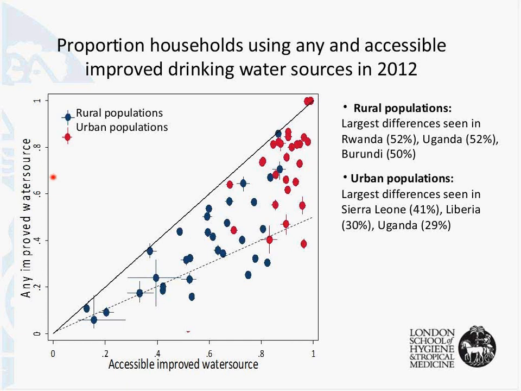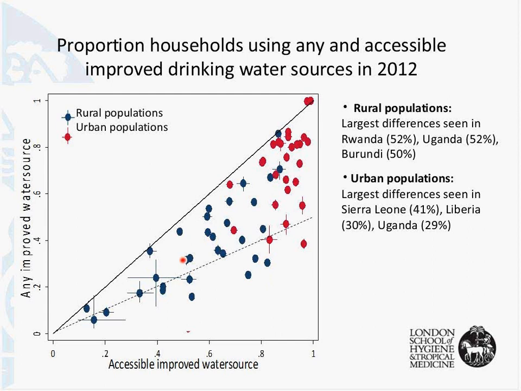On this axis here, we've got the proportion of households, by urban and rural population within a country, that have access to any improved water source. And this is compared with the proportion that are using an accessible improved water source. So for these points that are close to this line, nearly everyone who's accessing an improved water source is using one that's accessible. However, for the ones down near this dotted line, which represents 50%, only 50% of the households using an improved water source are using an accessible one.